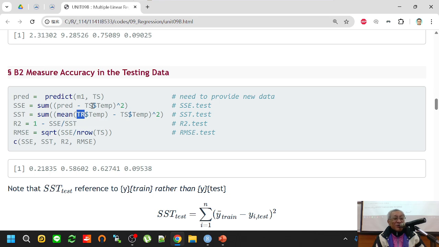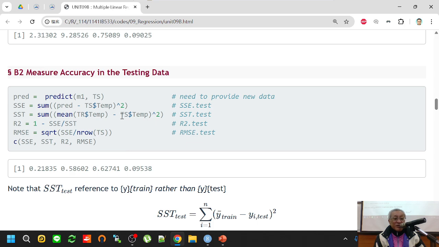This is TS, but here is TR. There is a reason to do that, and you will learn why when you take a machine learning course. So this R squared can actually be lower than 0, because we are using TR instead of TS.